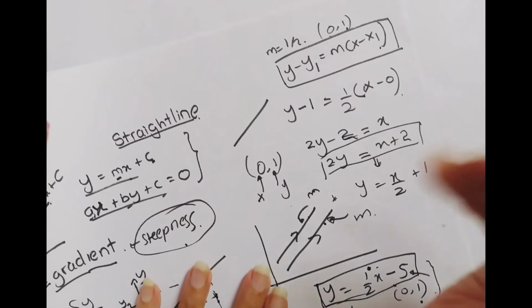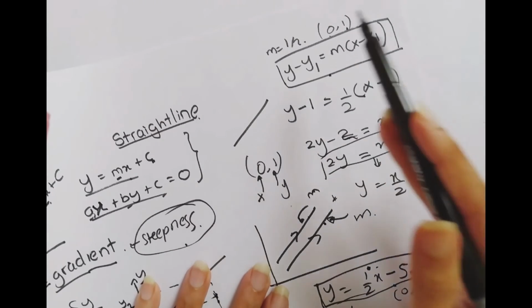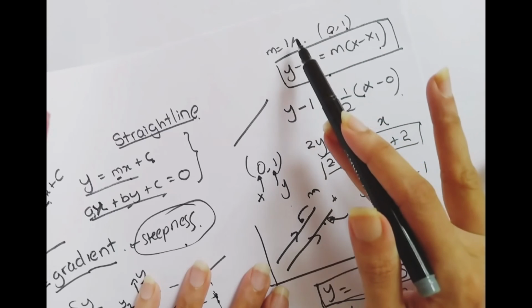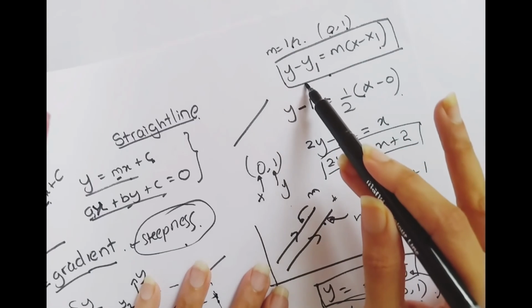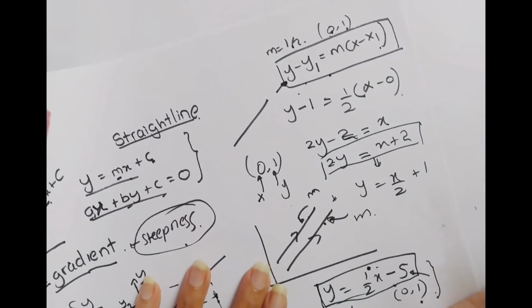So what you must remember is, if you know a coordinate of the straight line and you know the gradient, you can use this equation to find the equation of the straight line. But what if you don't know the gradient?